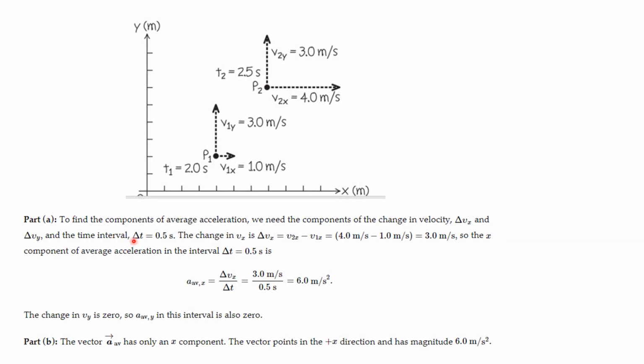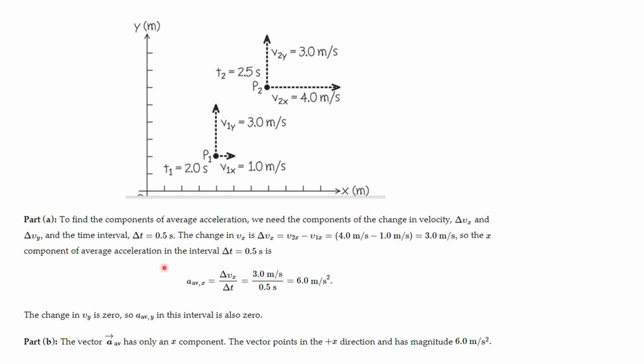Okay, well, to find the components of the average acceleration, we need the components of the changes in velocity, delta v x and delta v y, and the time interval, which is 1/2 of a second. So the change in the x direction is 4 minus 1, which is 3.